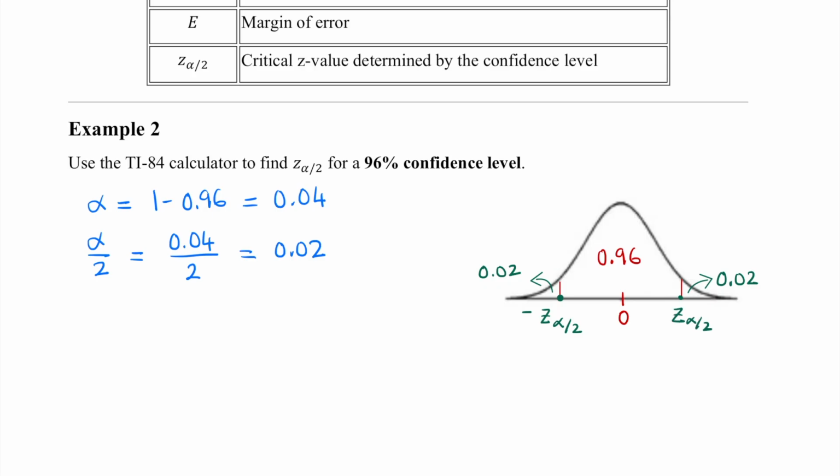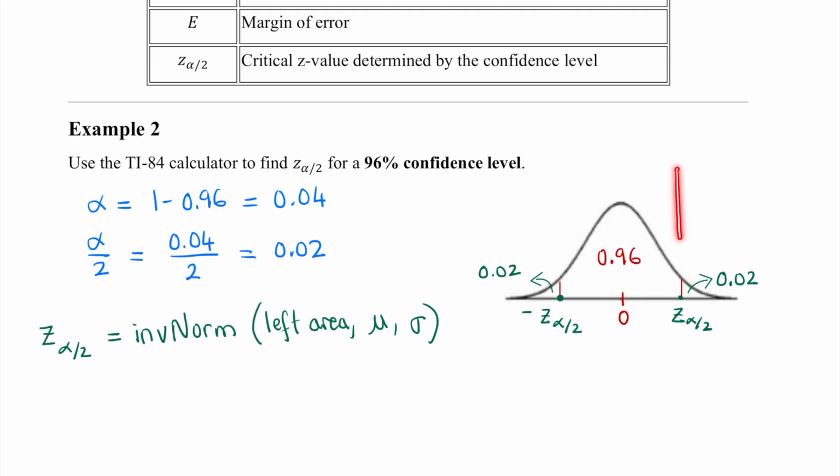For this example, we want to find positive z sub alpha over 2, which is the one on the right. To find z sub alpha over 2, I use the inverse norm function on the TI-84 calculator. And I need the left area, mean, and standard deviation.